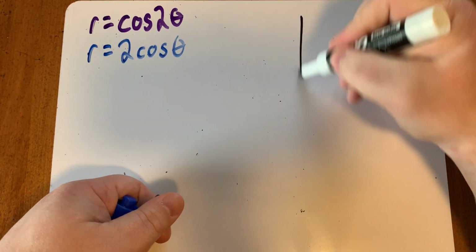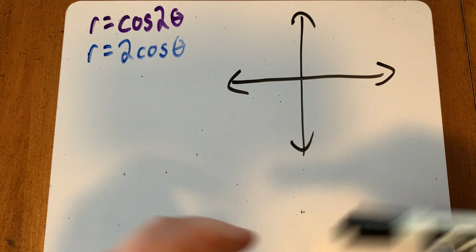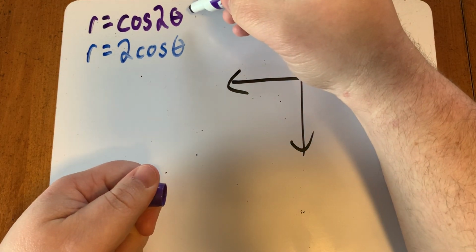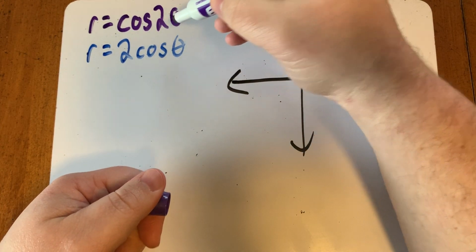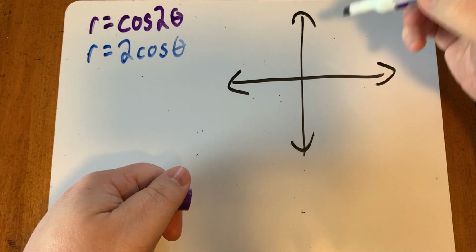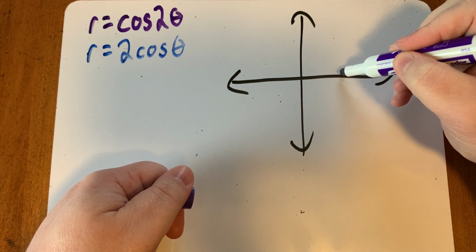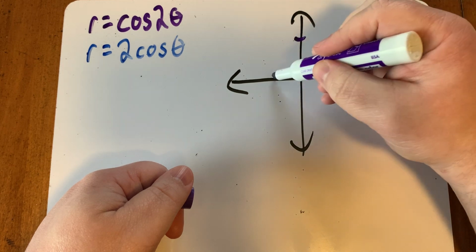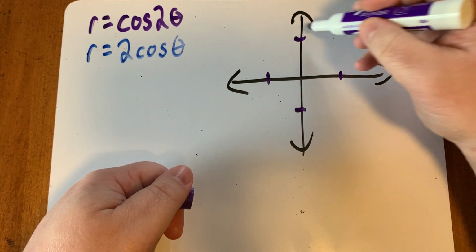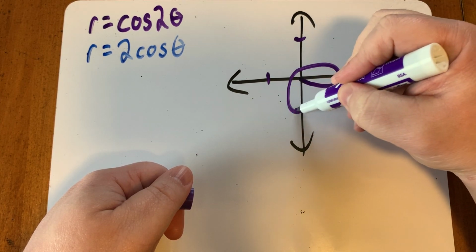So if we were to look at the graphs of these, the first one, it's a rose curve with 4 petals because n is 2, so it's even. So the number of petals is twice n. And since it's a cosine rose curve, each petal is going to be 1 unit away, starting here, and then every quarter of the whole circle. So it would be like this.